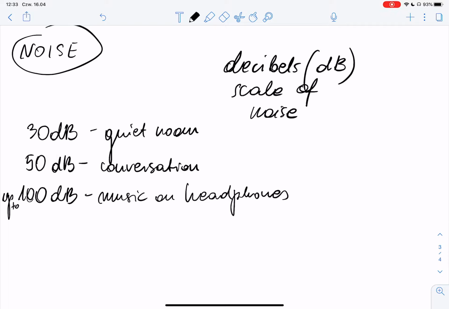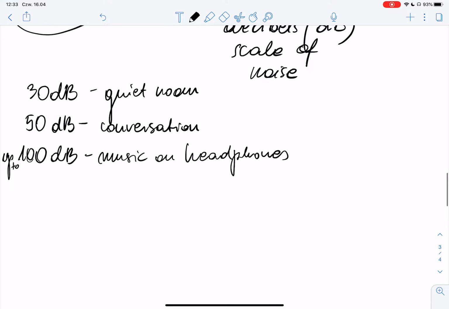Loud noise, such an explosion or a plane taking off, can not only damage your hearing, but also your semicircular ducts, thus impairing the balance sense. And guys, after the sound exceeds 130 decibels, you start to feel pain, physical pain. Long exposure to those sounds is really dangerous for your hearing.